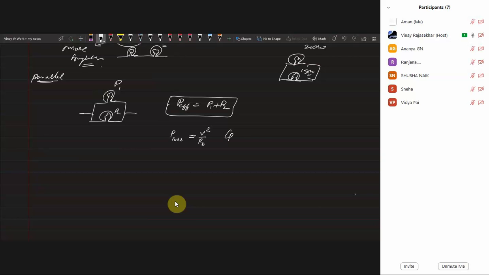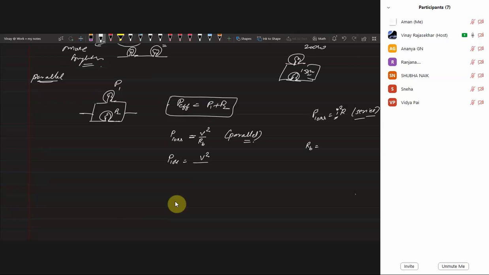In series combination, current is the same, so power loss is I square into R. In parallel combination, potential is the same, so power loss is V square divided by the resistance of the bulb.